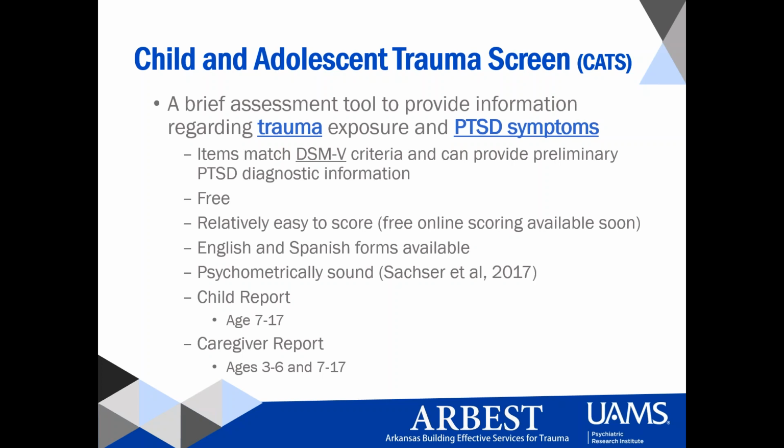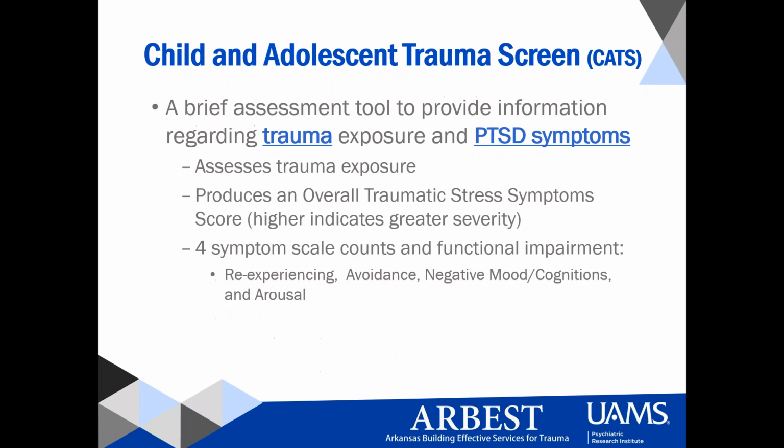Sometimes they are. For younger kids, again, it's the developmental level and the insight into their behaviors that caregivers tend to be better reporters of things like nightmares or talking about certain events or being hypervigilant or startle response, things like that. Ideally, you'll give both a child and caregiver measure just to compare answers, and we'll talk more about that towards the end of the training.